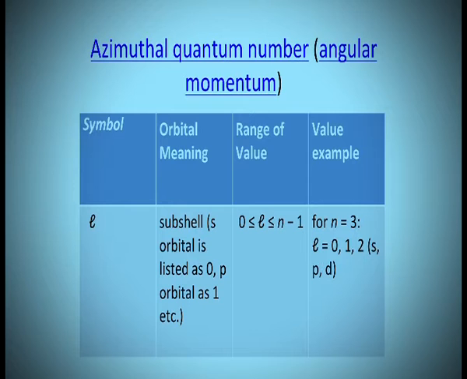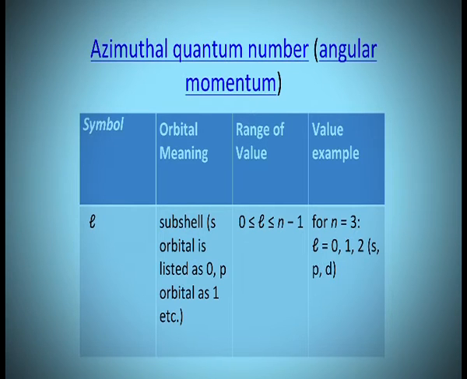Different values of l correspond to different types of subshells, and each subshell contains orbitals of a given shape. l equal to 0 corresponds to s subshell and contains the orbital with spherical shape called s orbital. l equal to 1 corresponds to p subshell and contains the orbitals with a dumbbell shape called p orbitals.